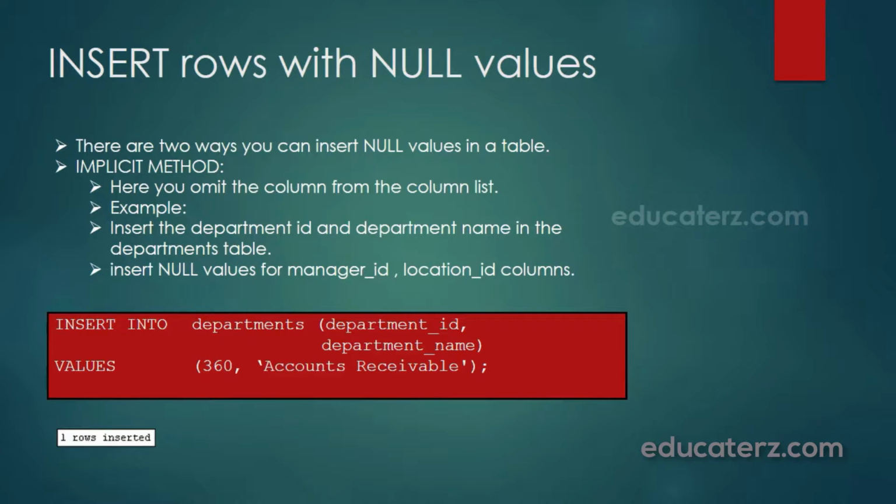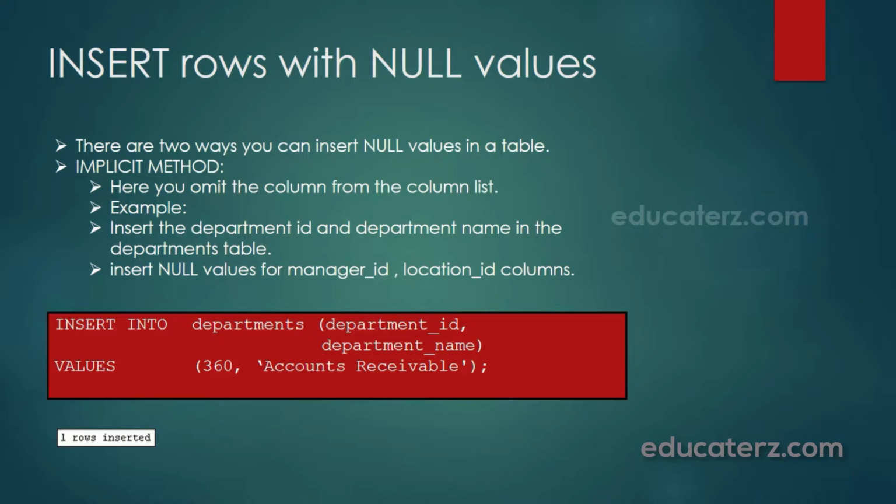Insert rows with null values. There are two ways you can insert null values in a table. The first one is the implicit method. Here you omit the column from the column list, and then null values are inserted. For example, insert the department ID and department name in the departments table.